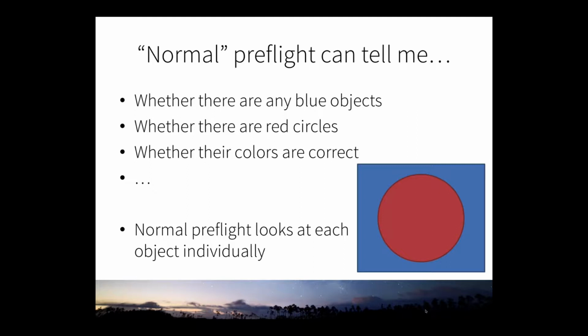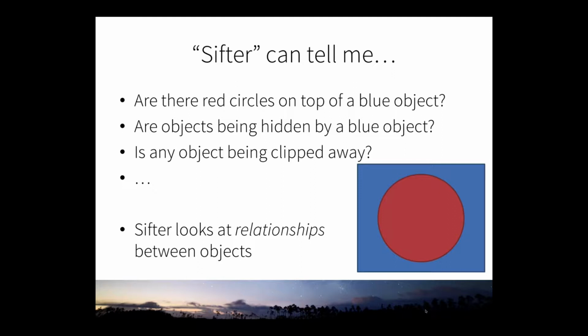Typically these preflight checks look at individual objects and their parameters, and then tell us whether something is good or not good. This technique can detect a lot of problems in PDF documents, but there is a whole range of questions that cannot be answered with traditional preflight technology. For example, are there any red circles on top of a blue object? Normal preflight simply cannot answer that, because it will look at the red circles on the page individually.